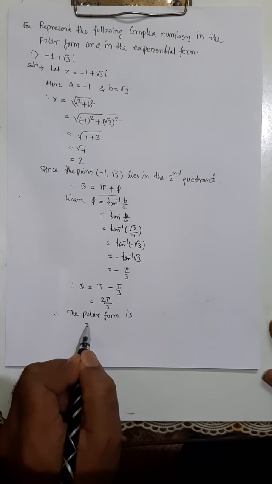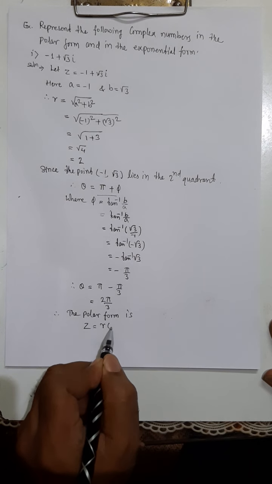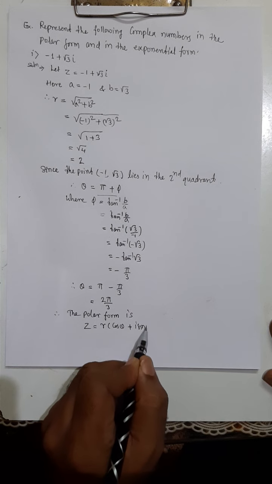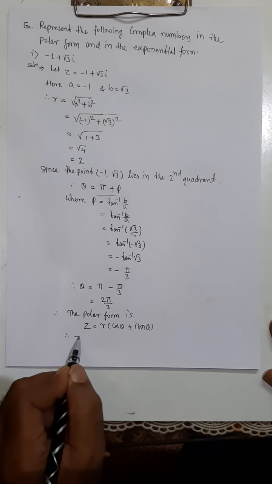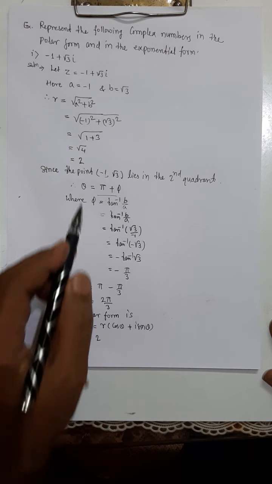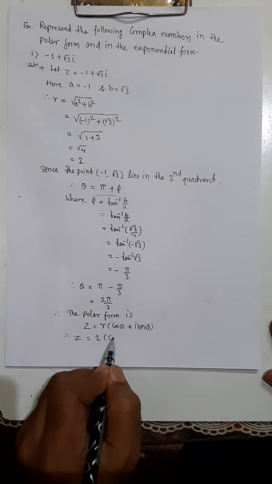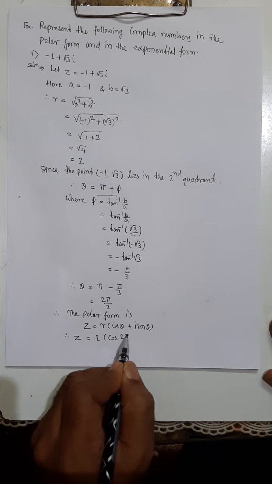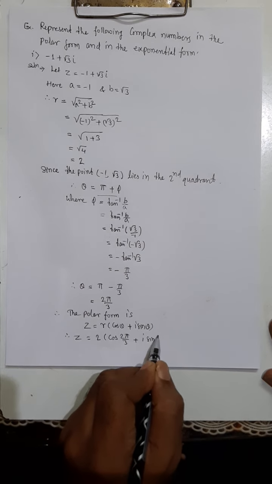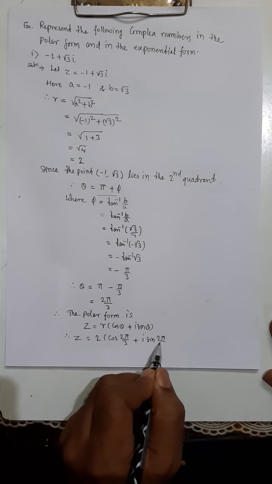We know the formula z equals r in bracket cos theta plus i sin theta, and therefore z is equal to r. Substitute the value of r as 2, in bracket cos theta, which we have found is 2 pi divided by 3, plus i into sin 2 pi divided by 3.